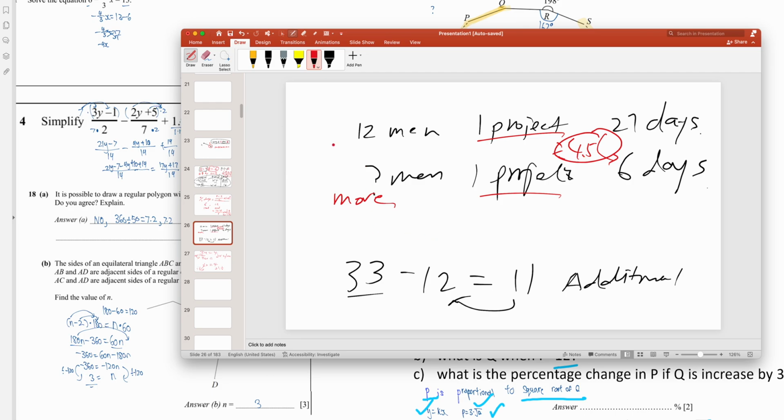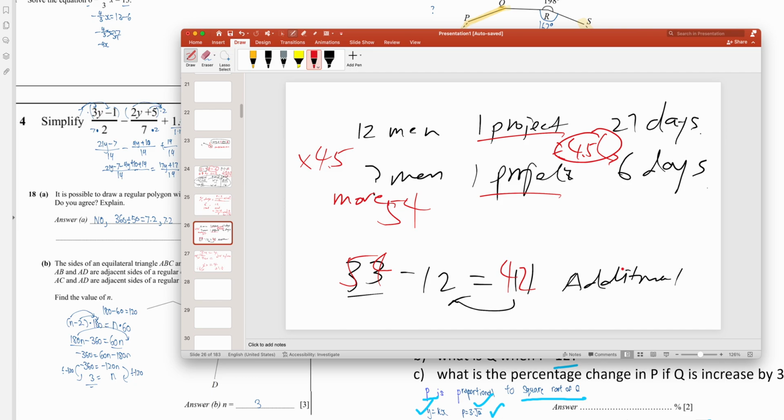Times. So therefore you times the factor 4.5. Can you help me out? 4.5 times 12? 54. So if they want additional, 54 minus 12, which is 42.